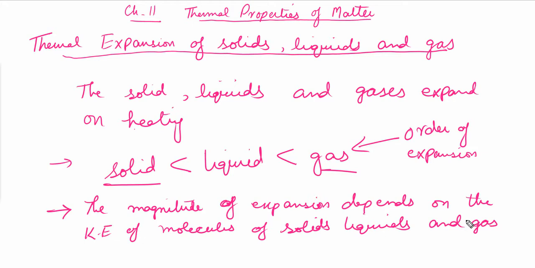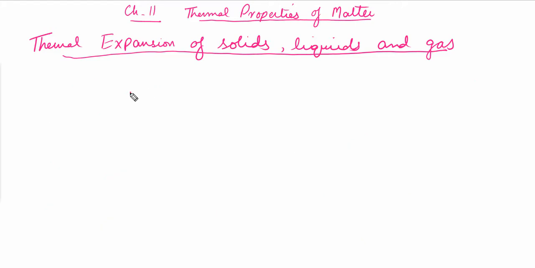Now we will see some everyday applications or uses of thermal expansion. The most prominent example is the thermometer. Let's suppose this is a liquid thermometer in which the liquid is mercury, and let's suppose the level of the mercury is up till here.